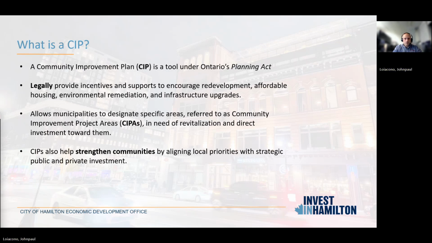So CIPs are essentially a blueprint for revitalization, and that's how municipalities use them. And why do they exist? Well, this is to help with revitalization, economic development, housing goals, as an example, and with remediating contaminated lands, like I just mentioned. It can do a number of things.